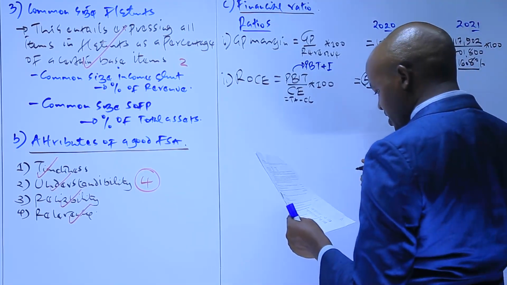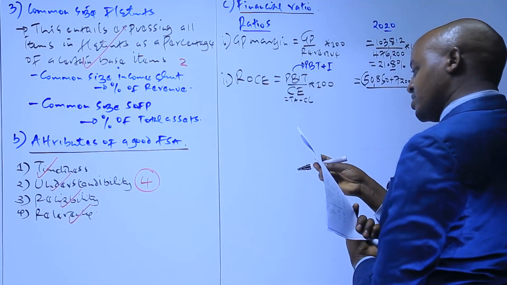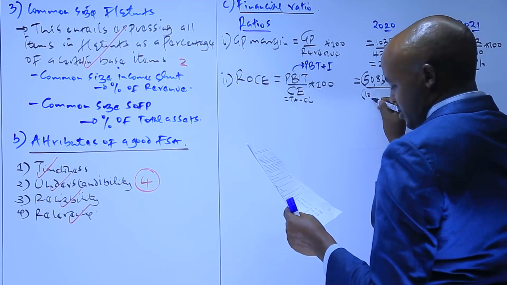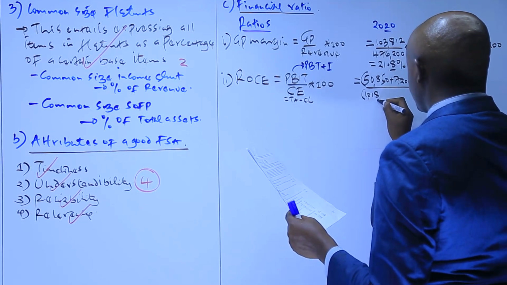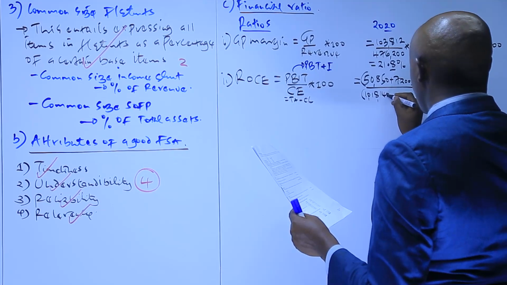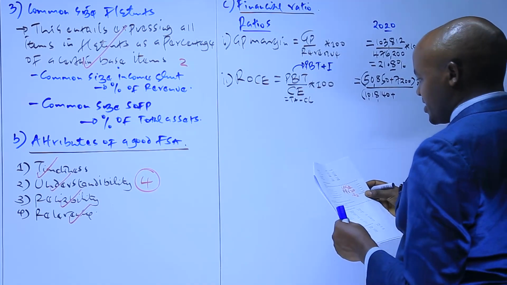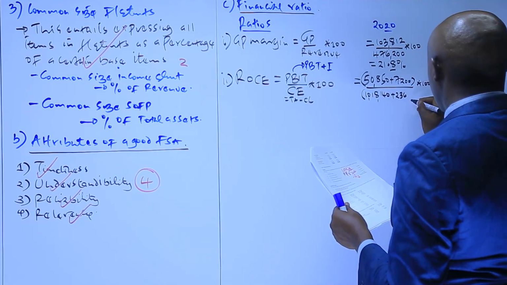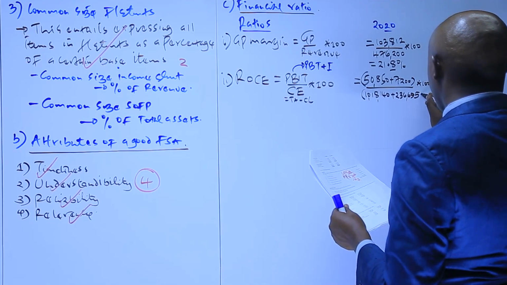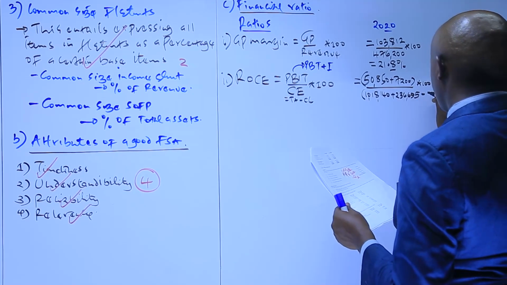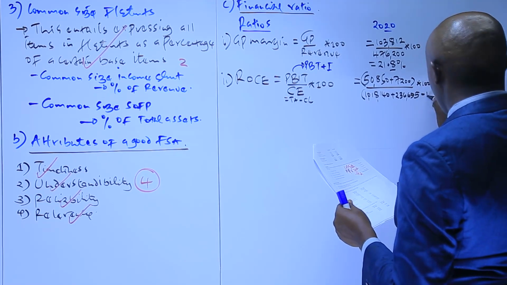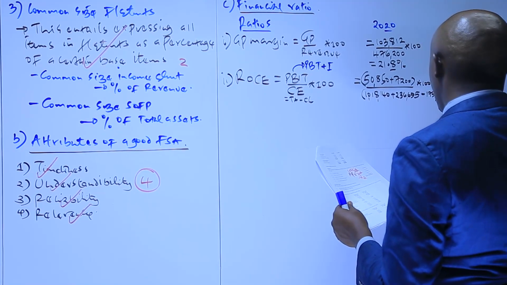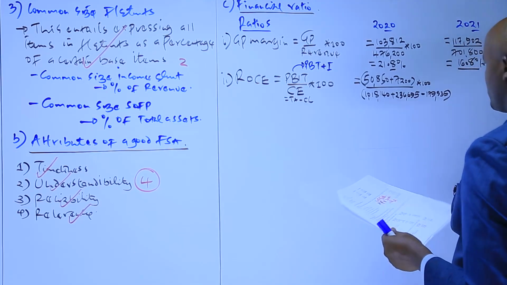Total assets will be equal to non-current assets plus current assets, which is 1,018,140 plus current assets of 236,695, and then to this we less current liabilities of 179,835. That's how we are going to arrive at the figure for capital employed.